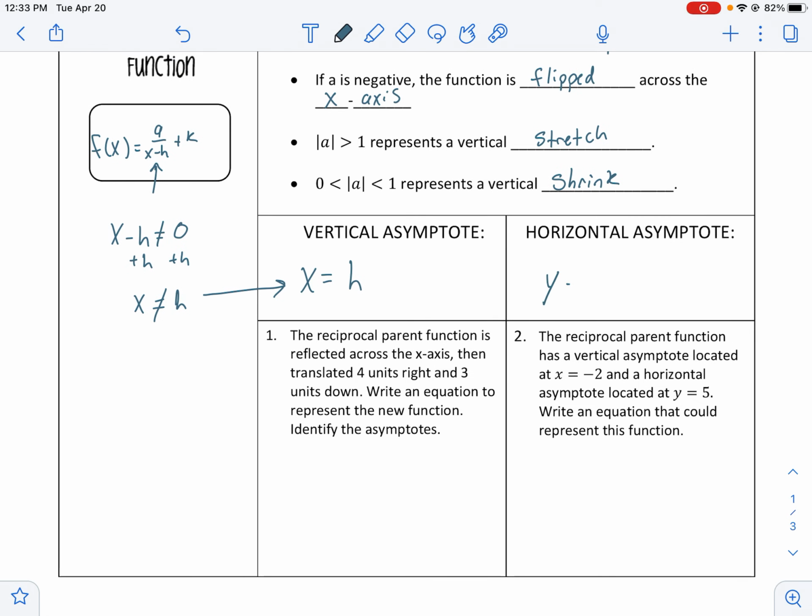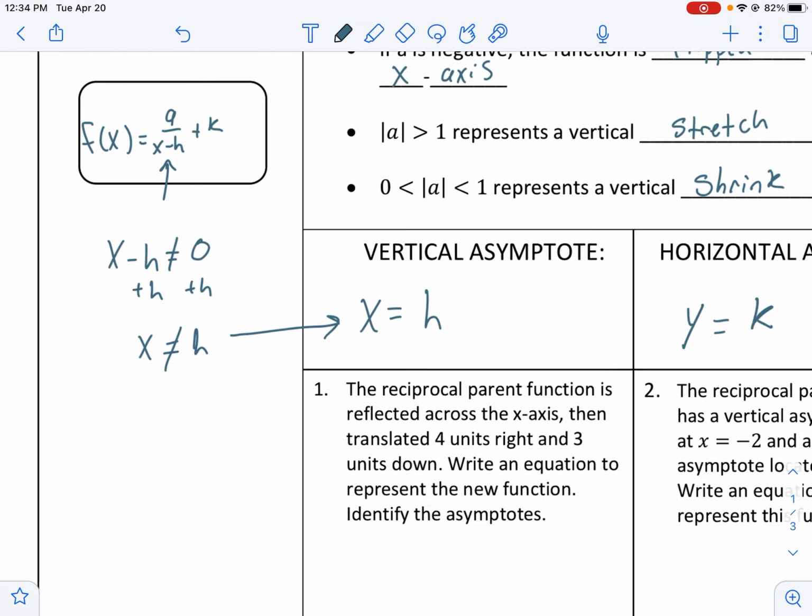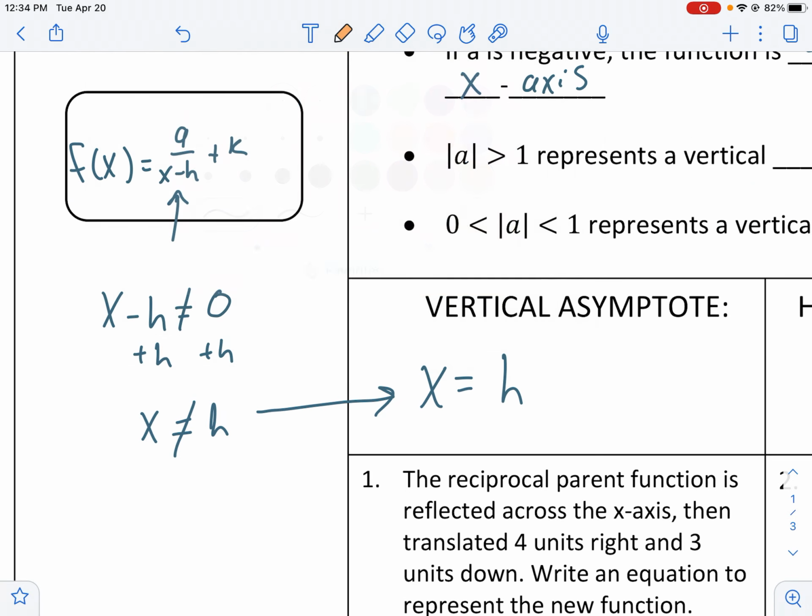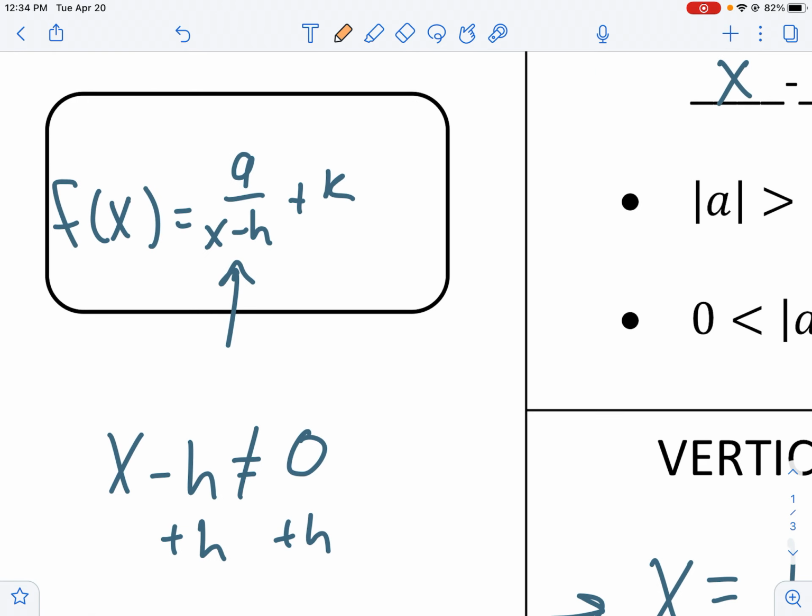Horizontal asymptote, on the other hand, is a little bit more confusing. This is y equals the k value, would be our horizontal asymptote. The reason this one is a little bit more confusing is because we just have to think about what is going on here. And I know it's hard to maybe comprehend this, but as the number down here gets really big, right? So as you plug in numbers that are going this way, this entire portion of the function gets close to 0.